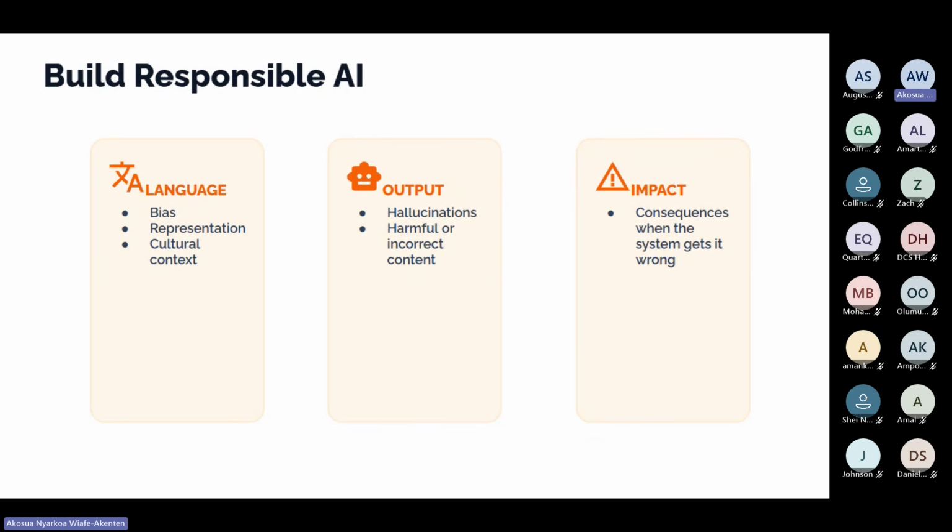Okay. The next area is output. In the use of generative AI systems, you realize that this is one of the biggest challenges that we currently have.